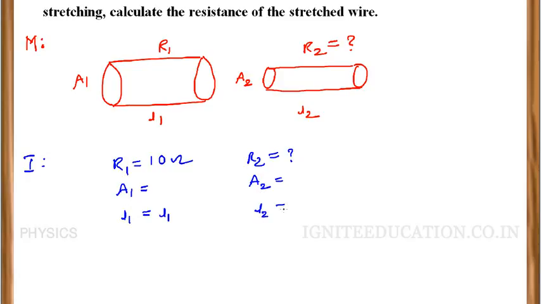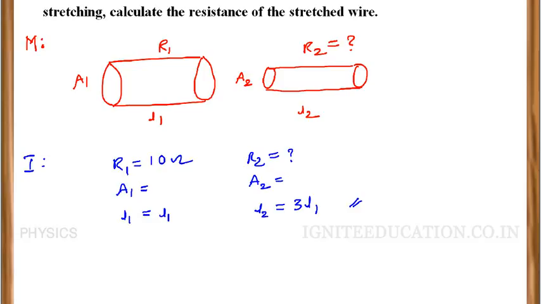But L2 is equal to, that means you are stretching the wire in such a manner that the length of the wire is going to be triple, like 3L1. You have the previous length as L1, after stretching it becomes thrice the previous one, that is 3L1. So these are the given quantities.